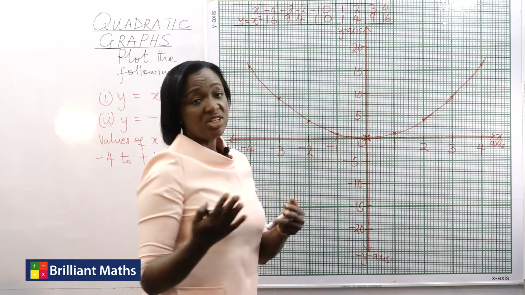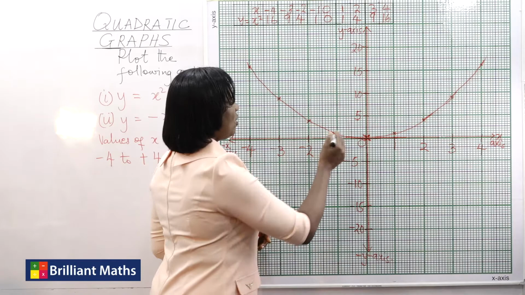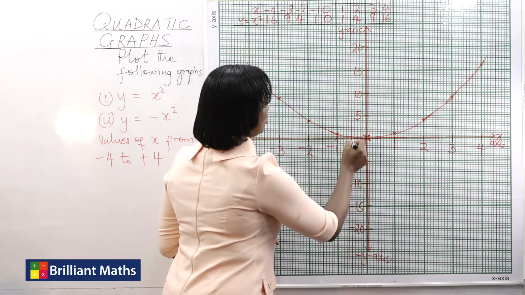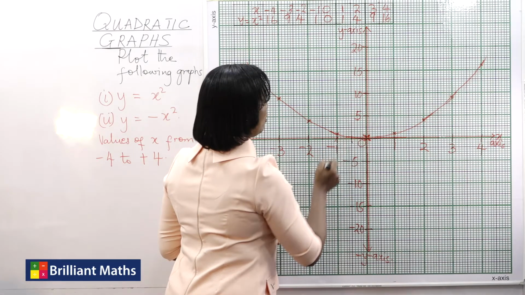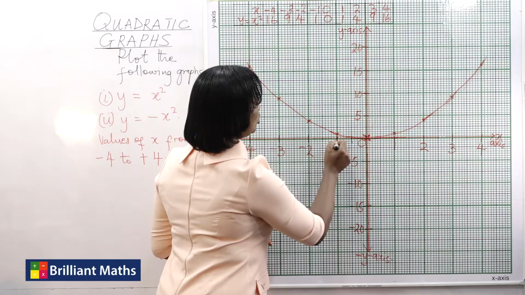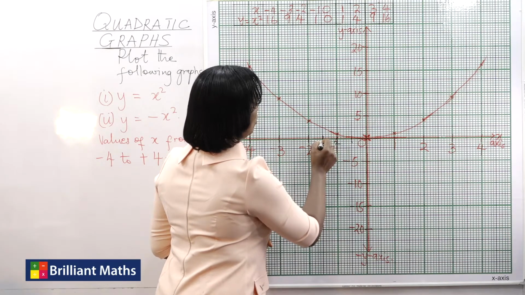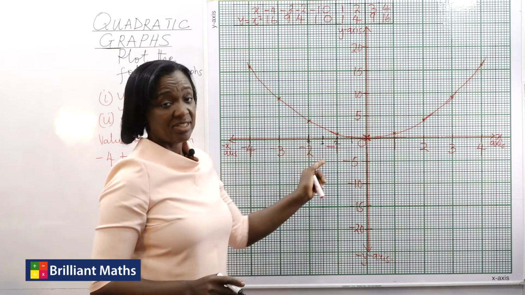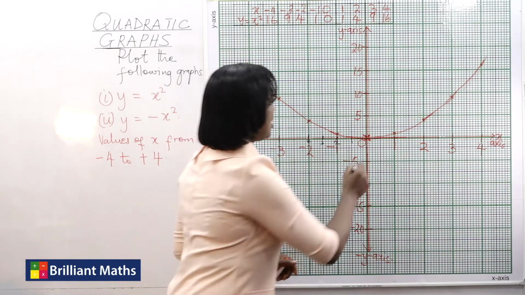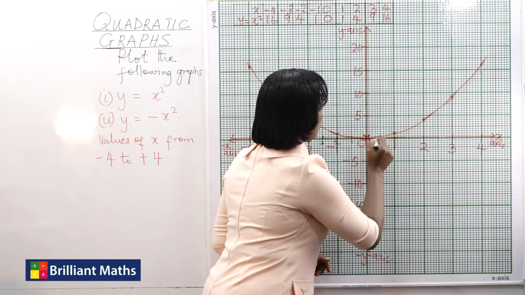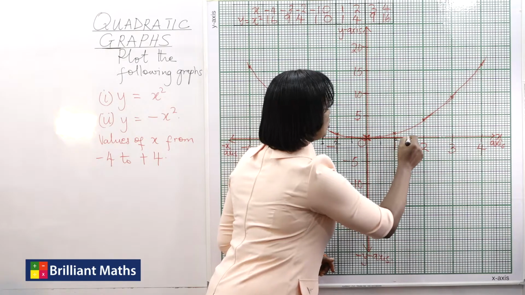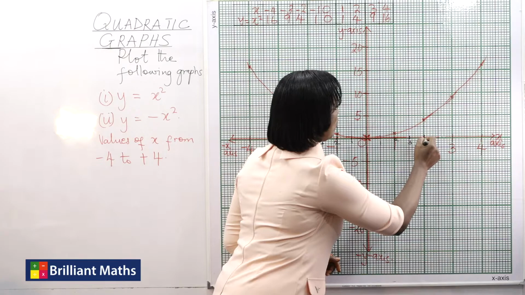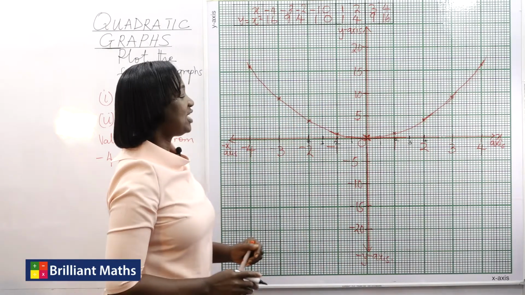So imagine that we have a different scale where this is our 1, 2, 3, and 4 for x-axis. I just want to show you something. And this is 1, 2, 3, 4 for positive x-axis.